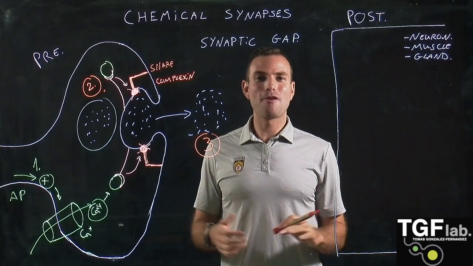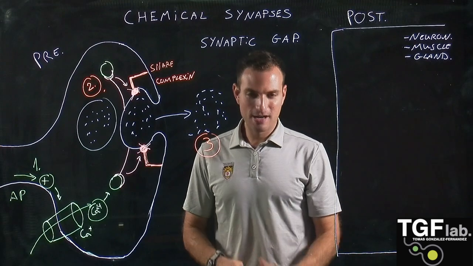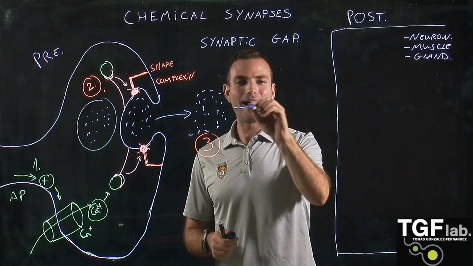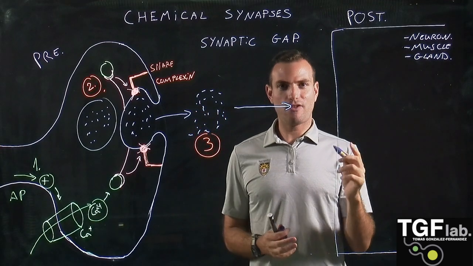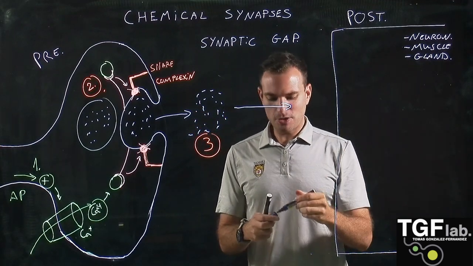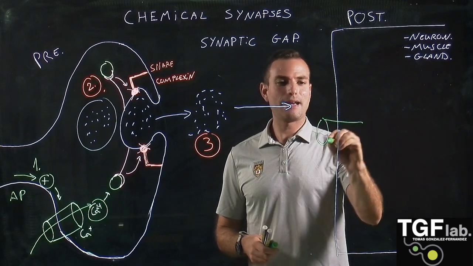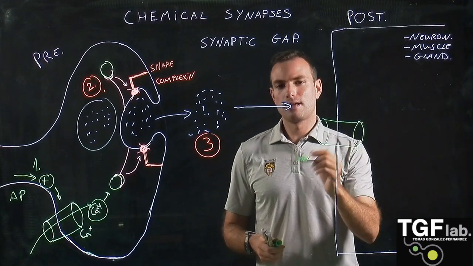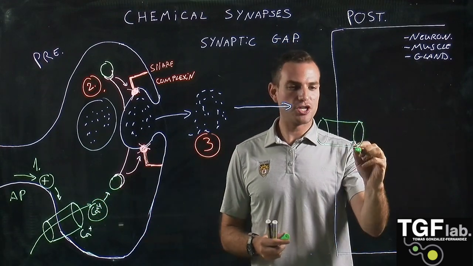Okay, so now the neurotransmitters are going to arrive at the postsynaptic cell, and they can interact with two different types of receptors in the postsynaptic cell membrane. The first receptor they can bind to is the ligand-mediated ion channels. They are very similar to the ones that we saw during the graded potential, right?